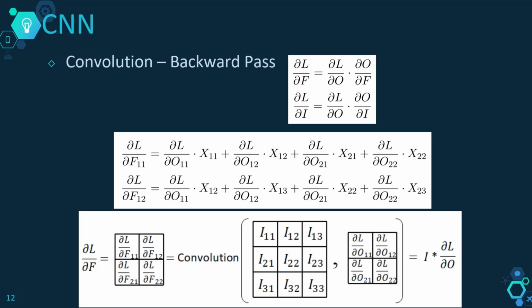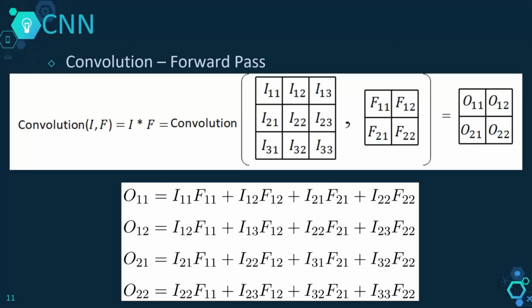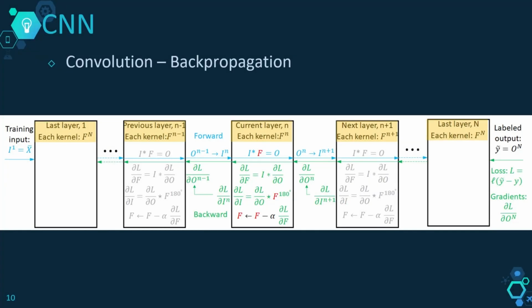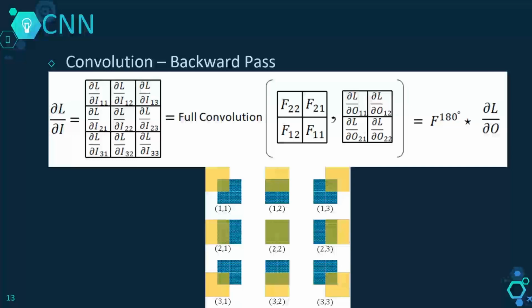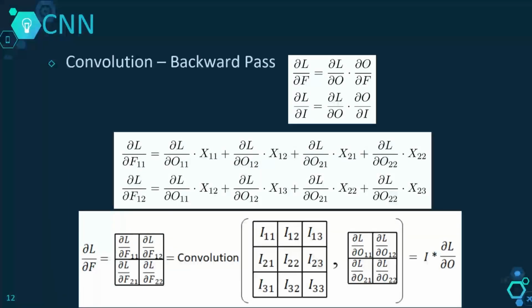You can derive it yourself if you write all of them out, and it can be simplified this way: partial L, partial F equals I dot product partial L, partial O. That's what we saw here. You can derive it yourself. Not that complicated, but it takes some time and patience. This is the first one. The second one is partial L, partial I. As I said, we need to get two things.